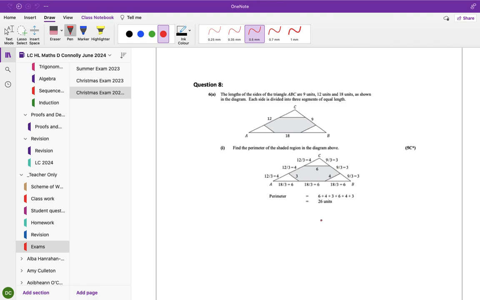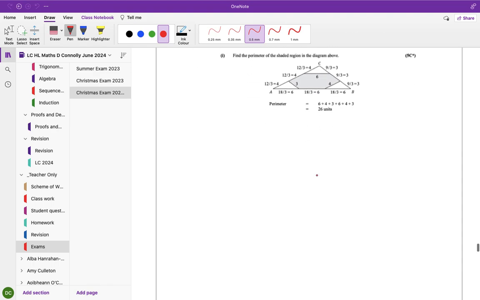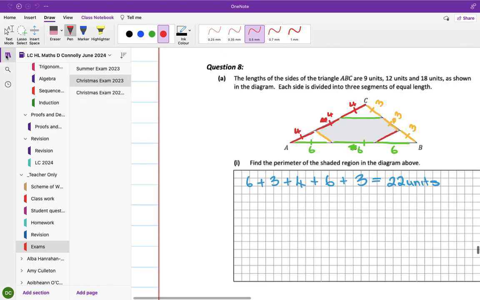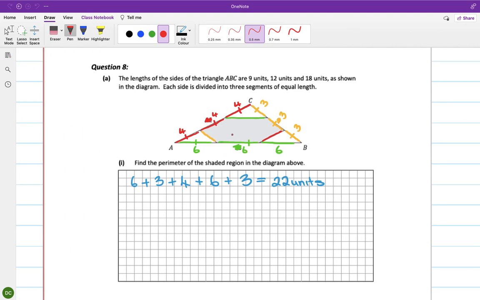Oh, did I just add wrong? Sorry. Okay, they didn't want any kind of a proof. They'd probably like if I added right. So is this 6? Yes. This is 3. 6, 3. This is 4. Yes.